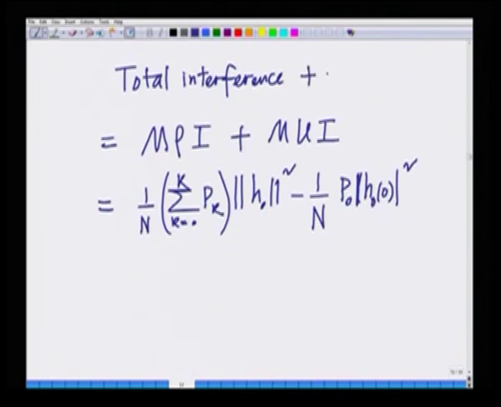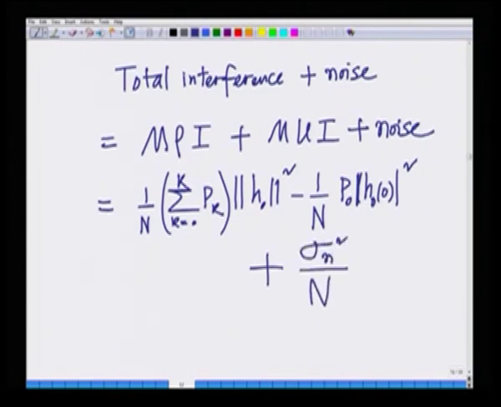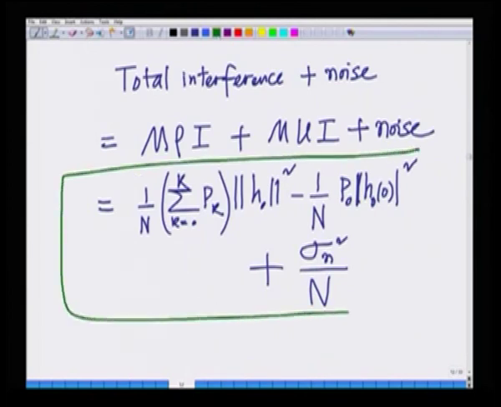Remember there is also multipath interference coming from other components of user 0. If I want to look at total interference plus noise, let me also add noise: MPI plus MUI plus noise, and we know noise is nothing but sigma n square divided by n. Hence, this is the total interference power.